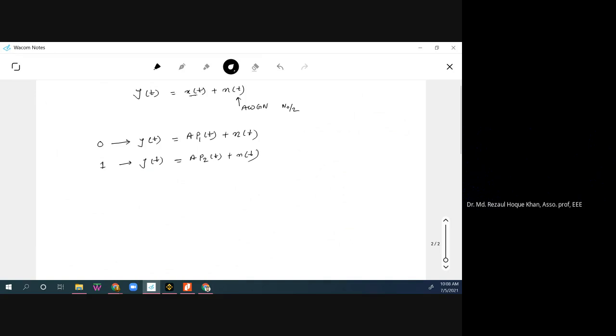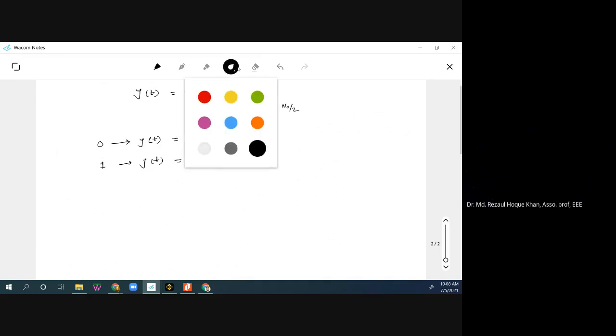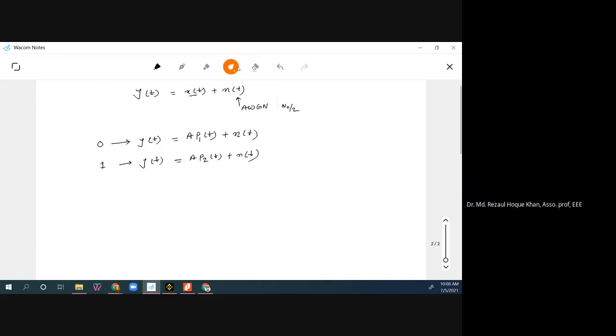Here there are two pulses. This scenario is totally different. The received signal is totally different compared to our previous scheme, where there was only one pulse. So here we have two pulses, p1 and p2.